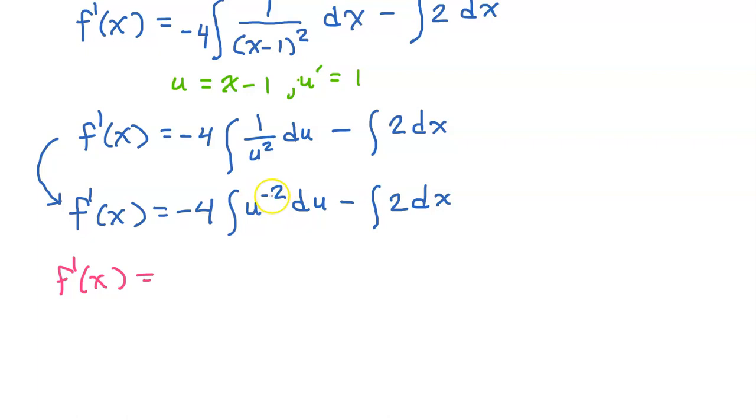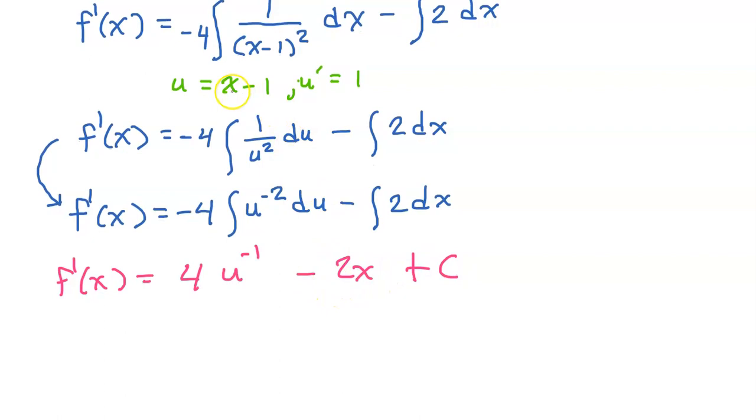That makes negative 1. And then I divide by the new exponent. So I'm dividing by negative 1. That's going to end up turning this negative 4 into a positive 4. So now I have 4u to the negative 1 power. And then the integral of 2 is 2x. So I have minus 2x plus c.